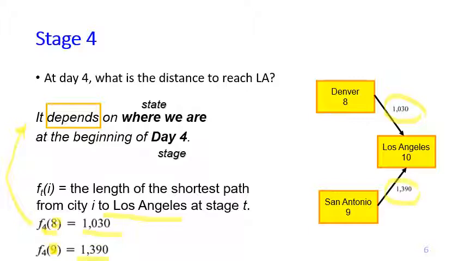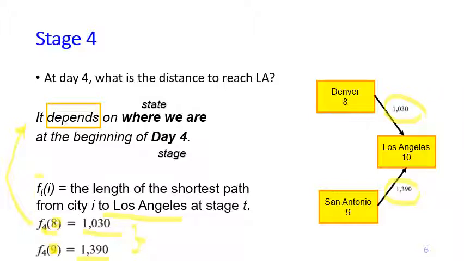So we have two answers here because it really depends on where we are at the beginning of day 4. If we are at Denver, the remaining distance is 1,030, which is F48. If we are in San Antonio, it is 1,390, which is F49.